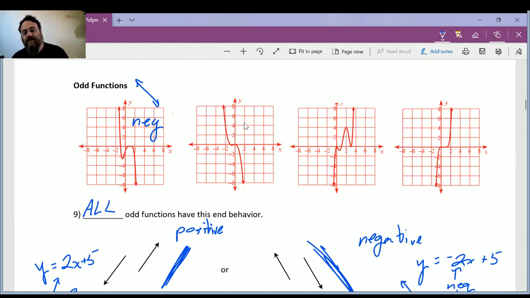This one has the same basic shape where the arrows are, so it's a negative leading coefficient. And then both of these are positive functions. Both have a positive leading coefficient. Alrighty? I'll pause for a second.